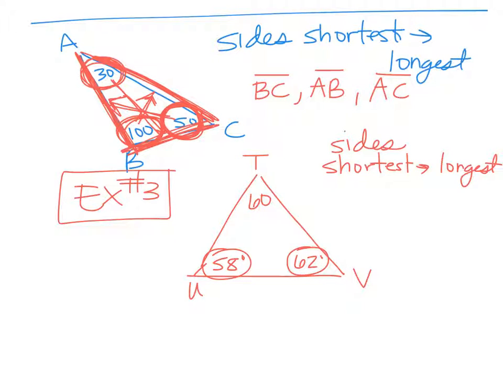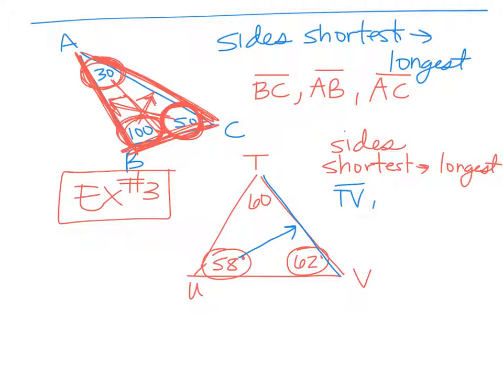So what is my shortest segment going to be? 58. That's not a segment. But that's what people are going to do on the test, right? Be careful with that. So across from the smallest angle is TV. So TV is my shortest side, or VT. That's the same answer.